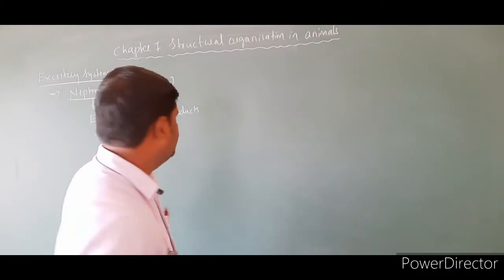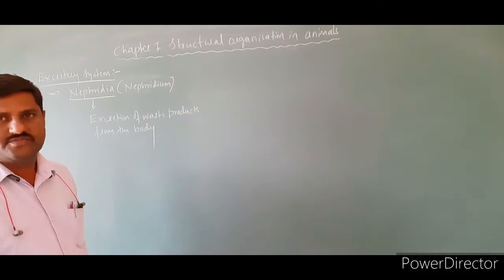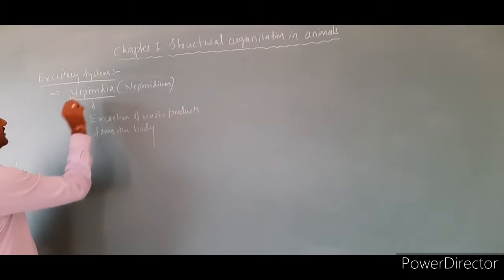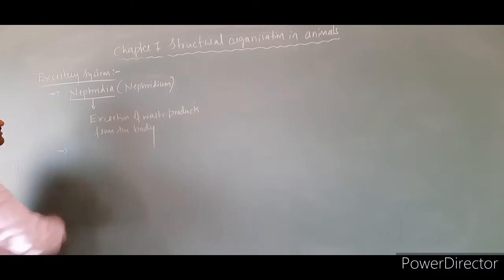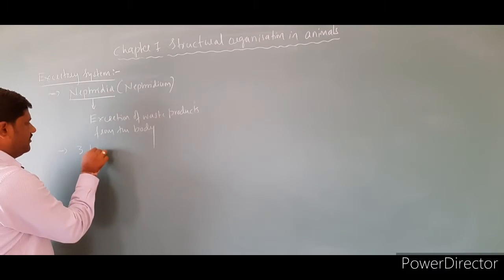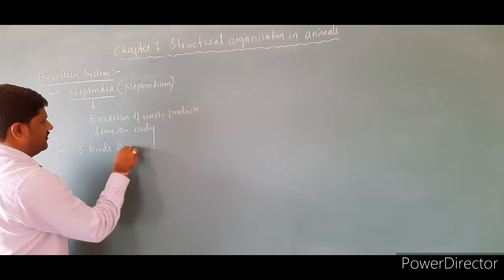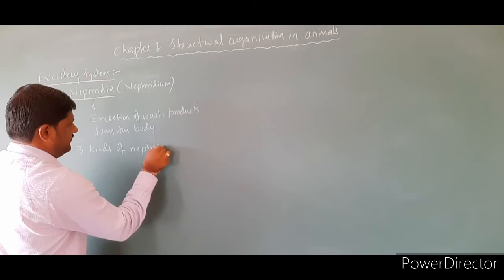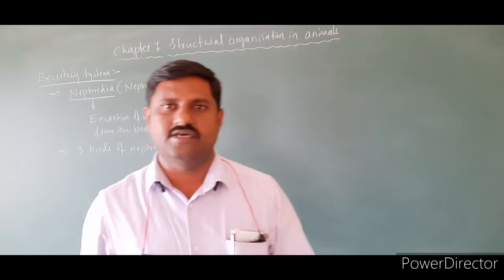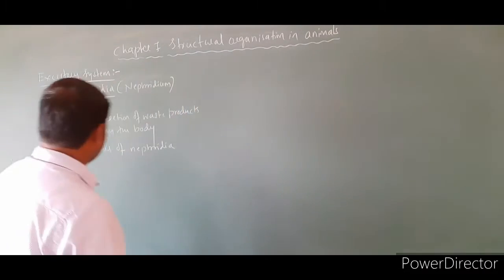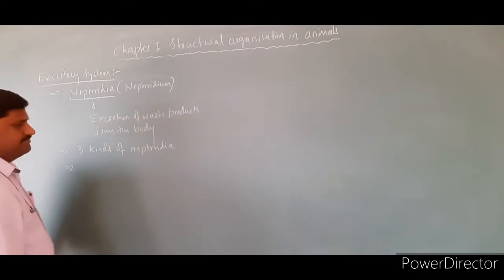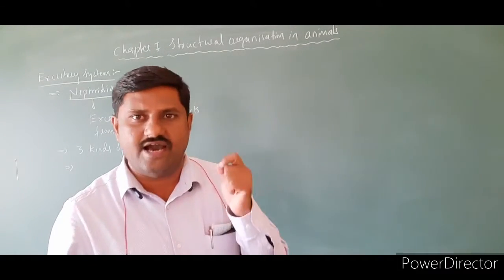So where are those nephridia present in the body, right? Let us see now. These nephridia are of three kinds in the body of the earthworm, based on the location where they are present.